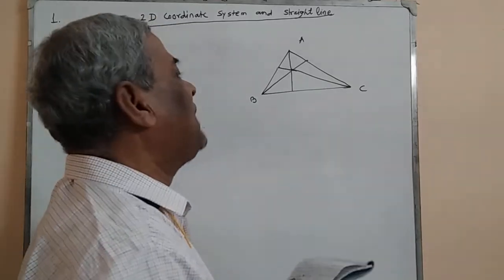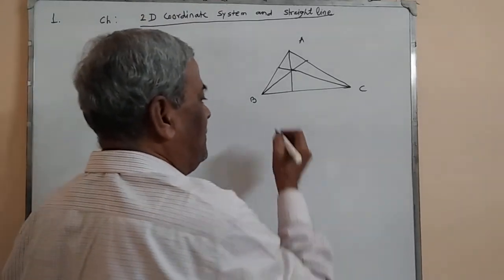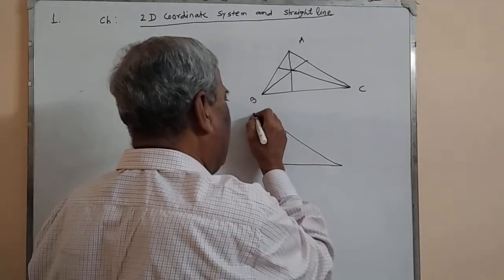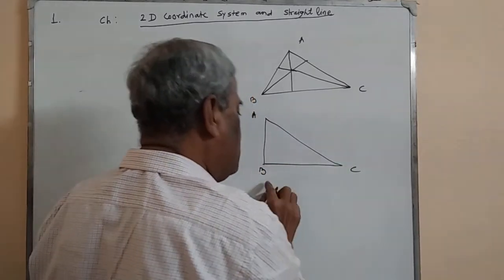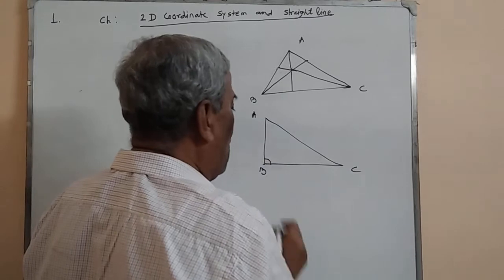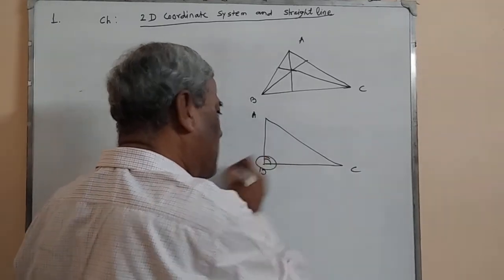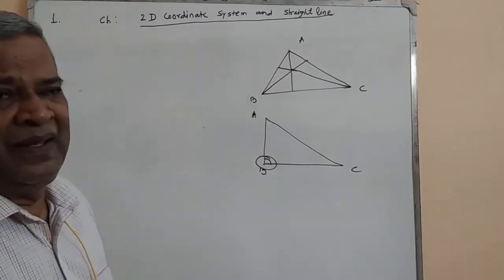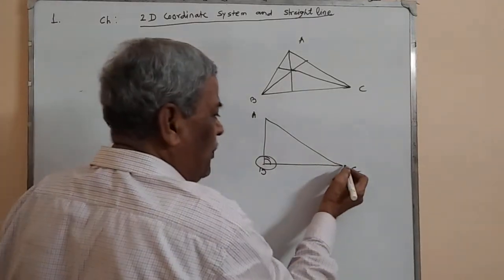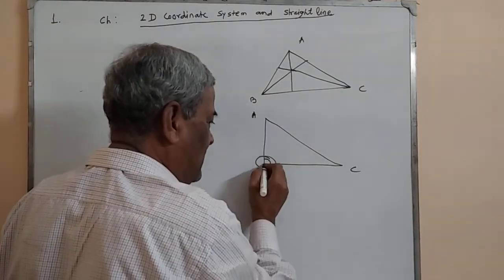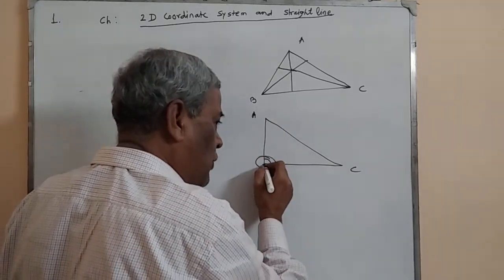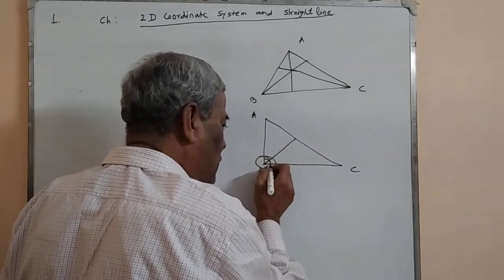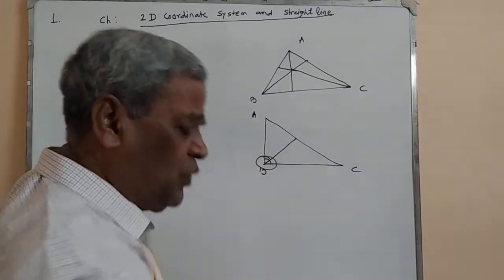For a particular triangle, I can say that if a triangle ABC is a right angle triangle, B is the right angle, then the orthocenter is that point B, the vertex containing the right angle, because from A a perpendicular is drawn on BC at that point, and from the other vertices perpendiculars are drawn, so these three perpendiculars meet together.